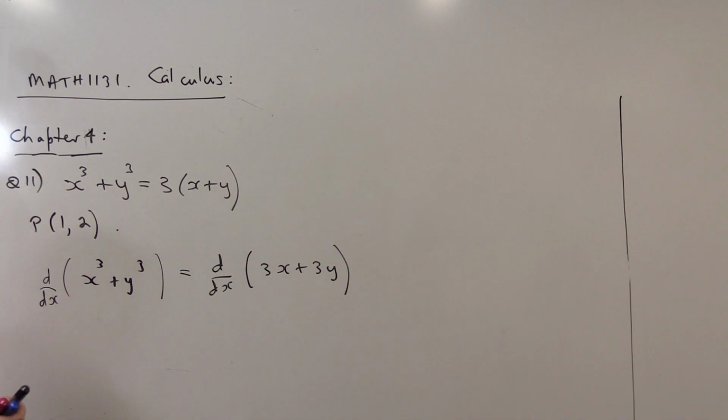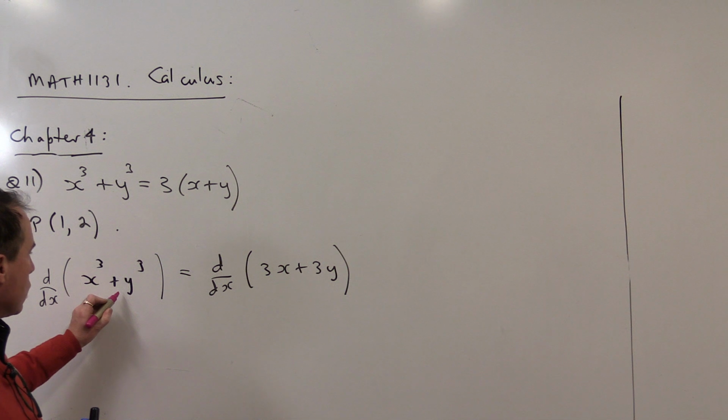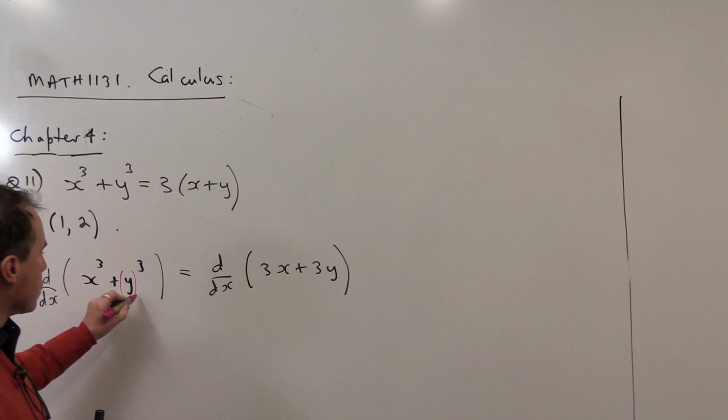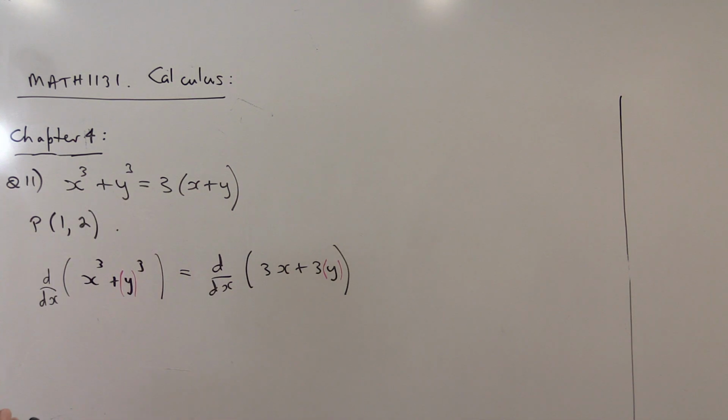Now one little useful hint, it's a little bit trite I suppose, but one thing that might help you to remember this: whenever I do these, or certainly when I was learning them, I used to put little brackets around the y to remind me that I'm going to need to multiply by the derivative of the inside of the brackets.